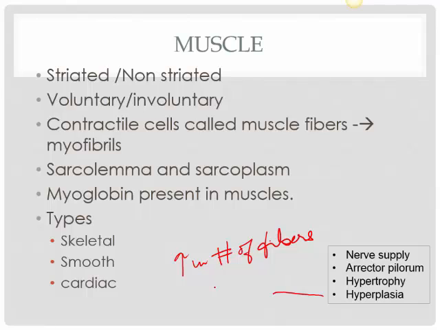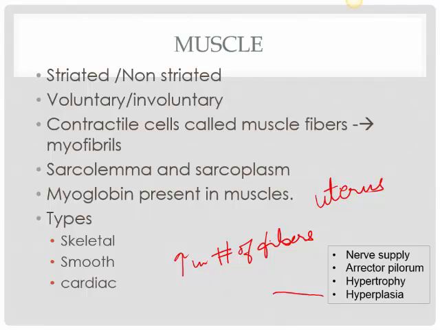So the number of fibers don't increase, it's only the size of every individual fiber which increases. In our body, the only organ, or one of the only organs, for your purposes we'll take it as being the only organ, where muscle fibers increase both in size and in number is the uterus, the pregnant uterus.